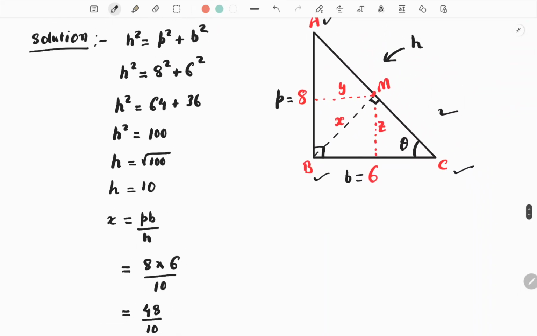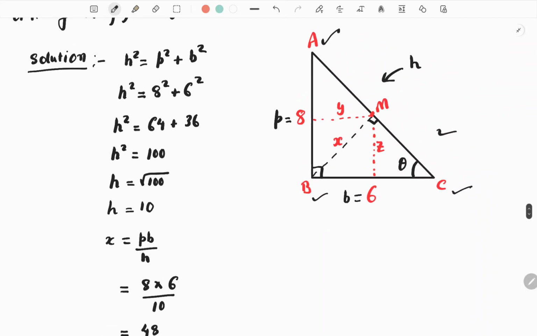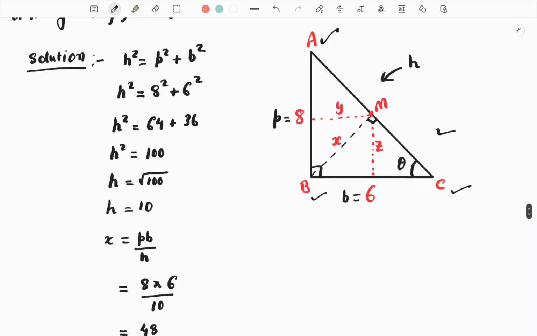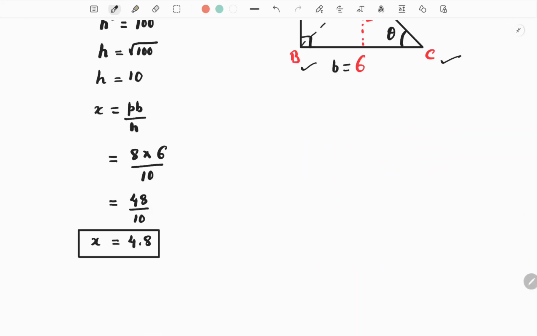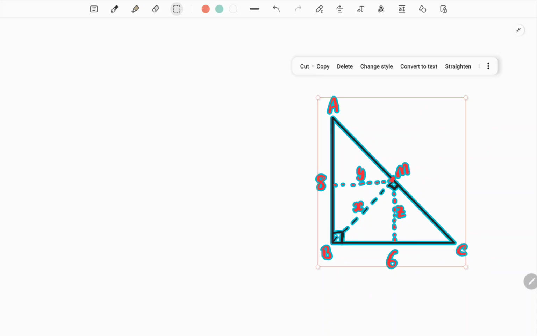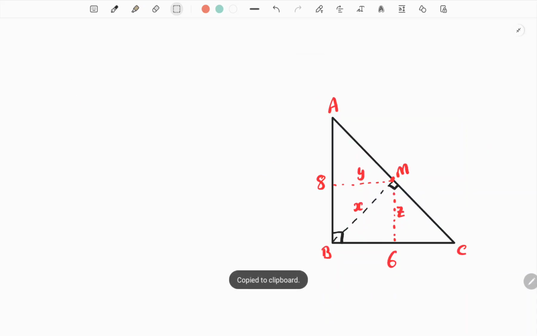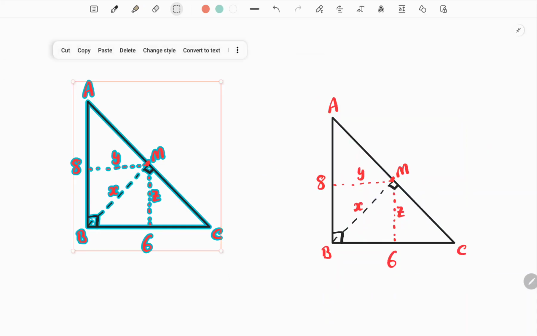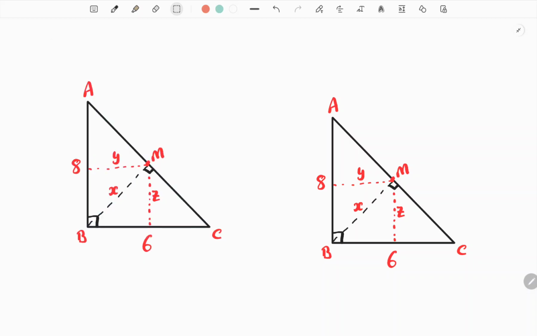So now from this figure, let us find out what is the value of Y and also Z. So now, first of all, let us redraw this diagram. So here, what we will do is, let us erase some portion from the diagram.